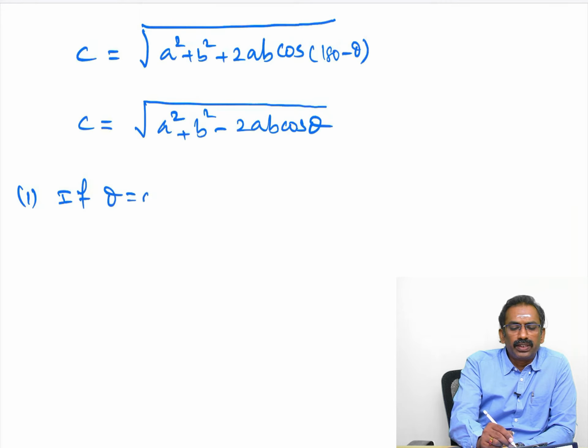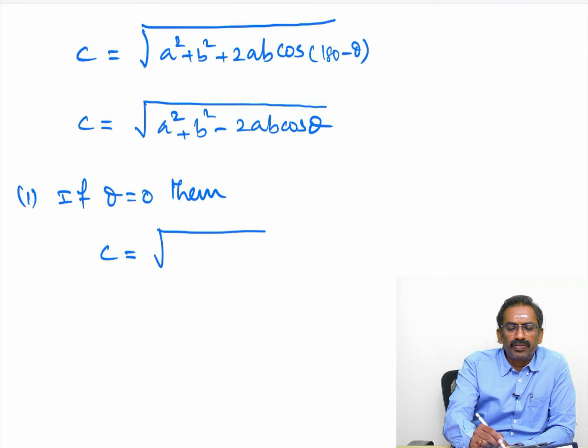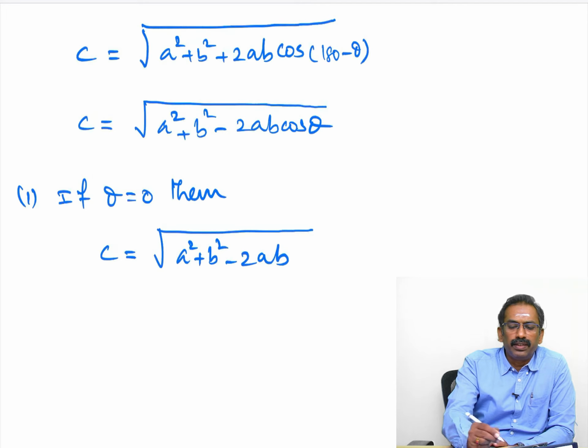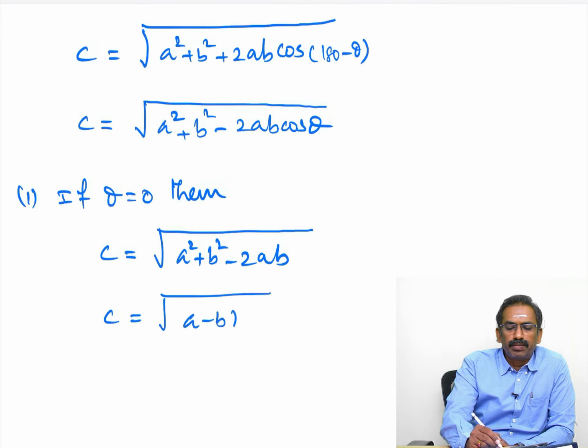If theta is equal to 0, then magnitude of c is equal to square root of a square plus b square minus 2ab cos 0, that is 1, minus 2ab. C is equal to square root of a minus b the whole square. C is equal to a vector magnitude minus b vector magnitude.